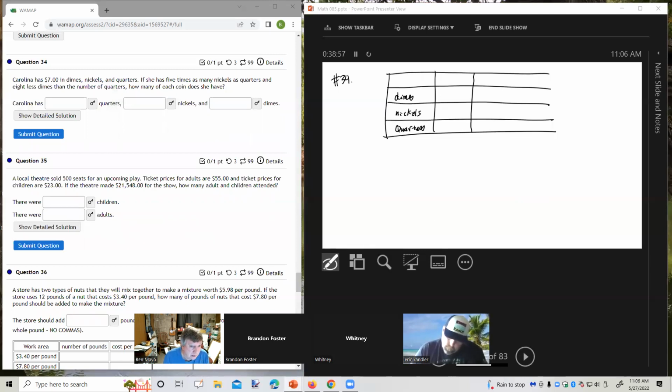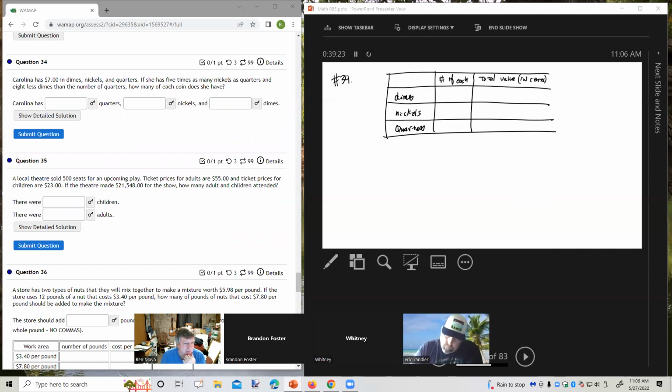And then we're going to have number of each. And then we're going to have total value, and it's going to be in cents.